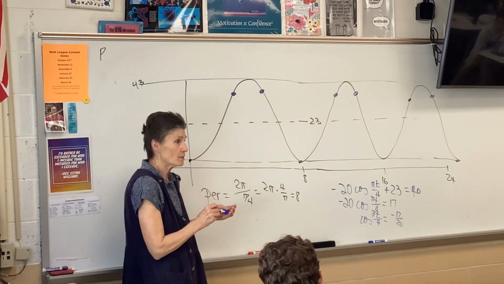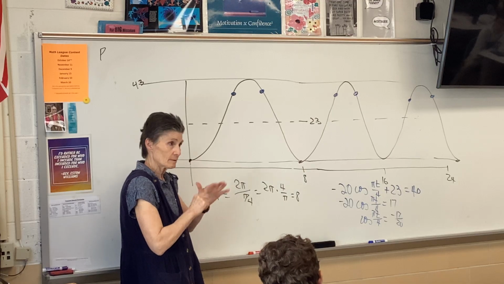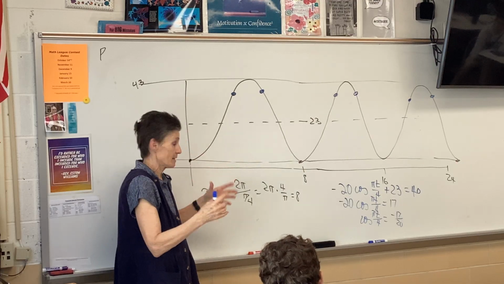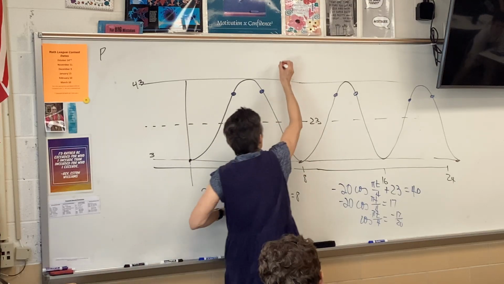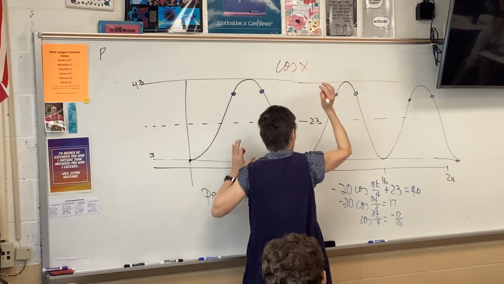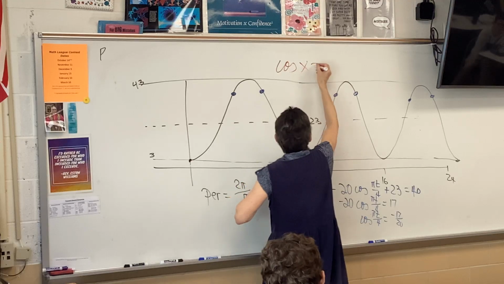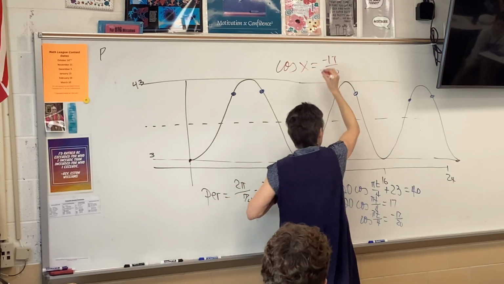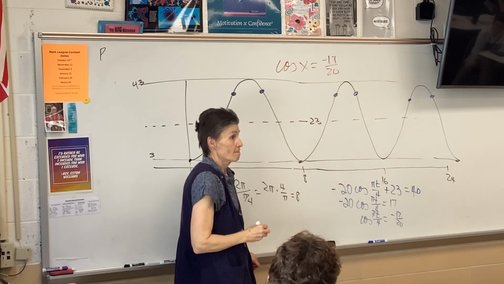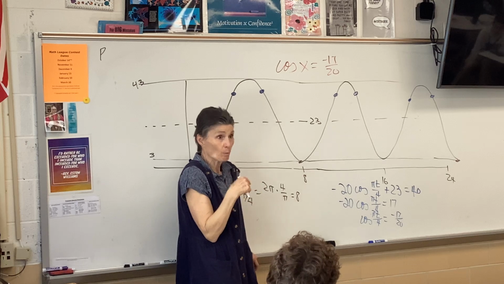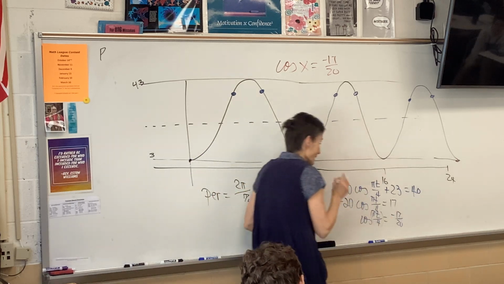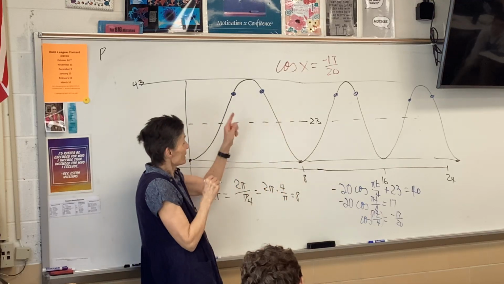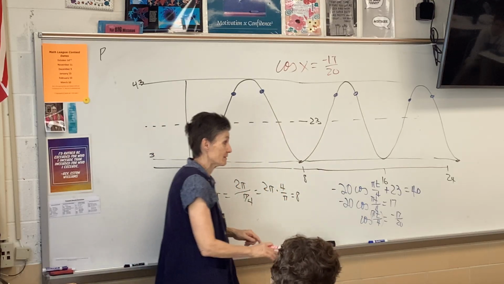Now I do not want you to get messed up by this. Doesn't this just say the cosine of something equals negative 17/20? I don't really care at this point what the something is. I just need to figure out what angle I'm going to take the cosine of and get negative 17/20.